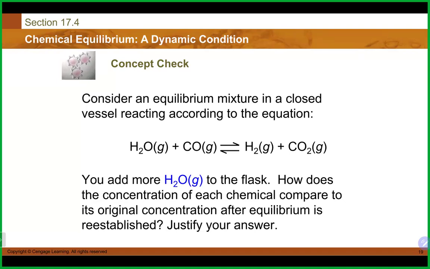Which side of the arrow is water on? And in this case, water is over here. So we would be adding more water in this case. We would essentially be adding more reactants. And what that's going to do is because we now have more reactants than products, it will kick off the forward reaction.